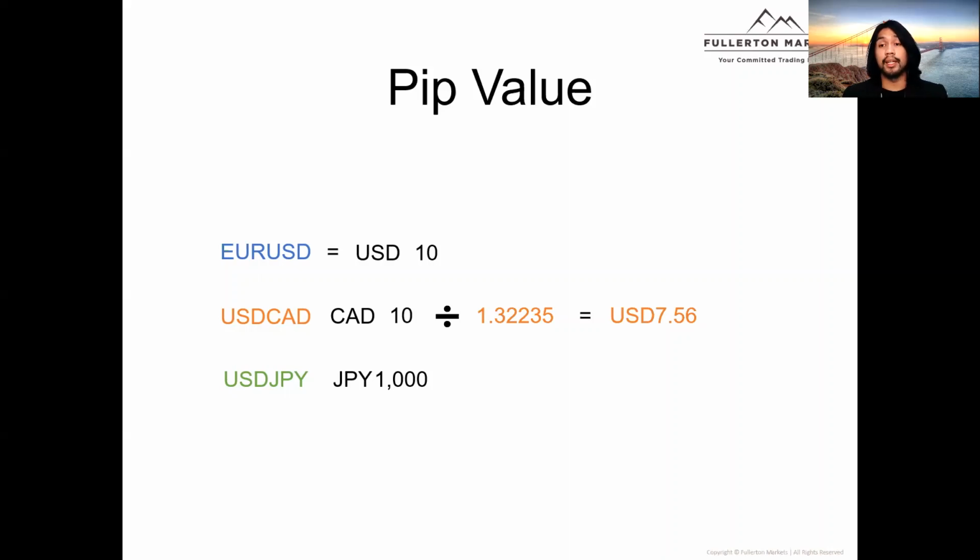As you can see, each currency pair will give you a different value for your pip. Now let's do the same for the USD versus Japanese yen. Same thing, 1,000 Japanese yen per pip is divided by the current price of the dollar versus the yen, which is actually at 108.679.